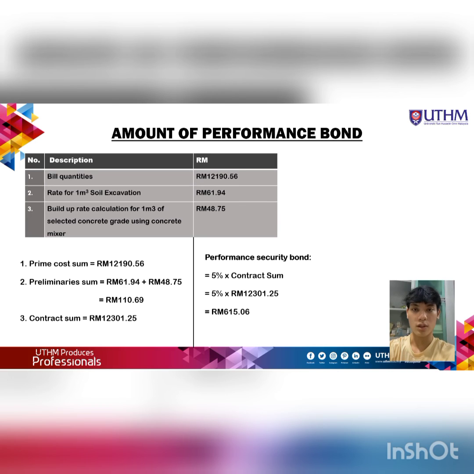Third, the contract sum value we get by totaling both the prime cost and preliminary sum. We got 12,301 ringgit and 25 cent. And finally, we can calculate the performance bond by using this formula, 5% multiplied with our contract sum, and we got 915 ringgit and 6 cent.